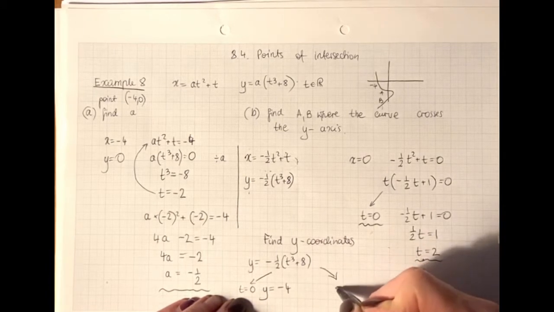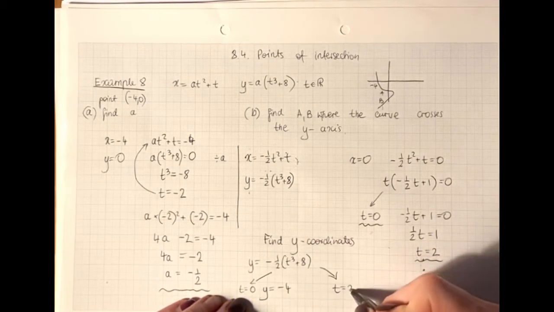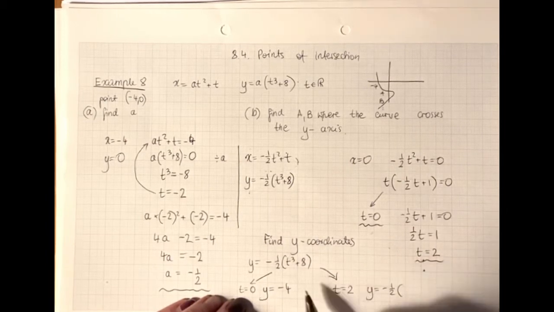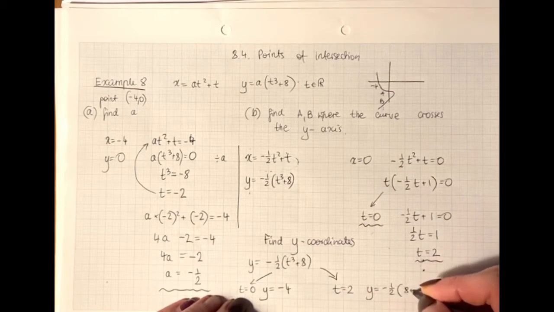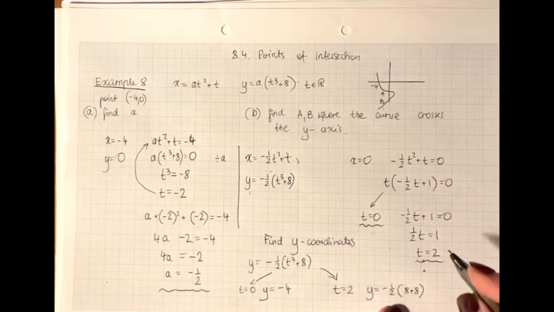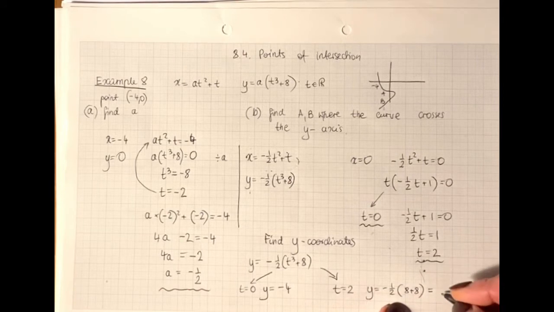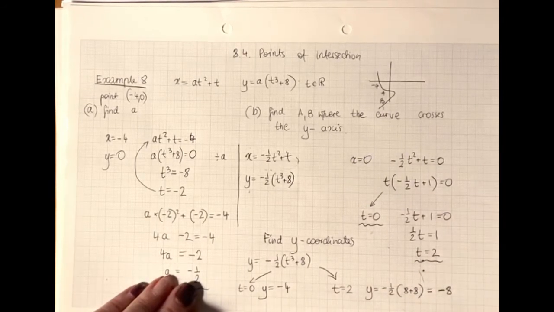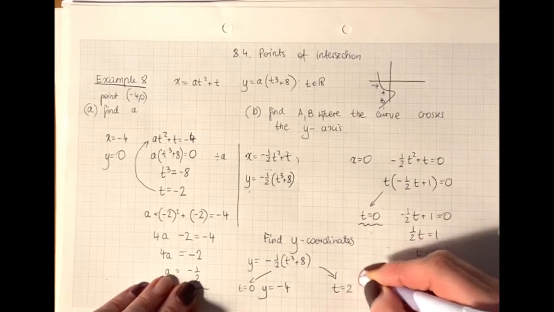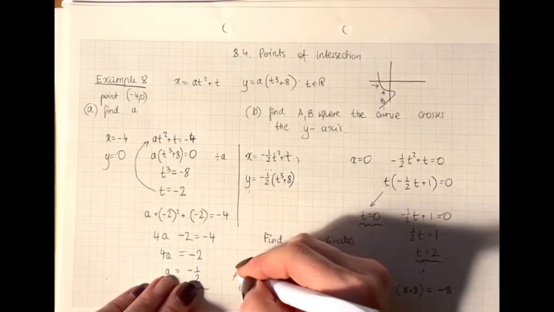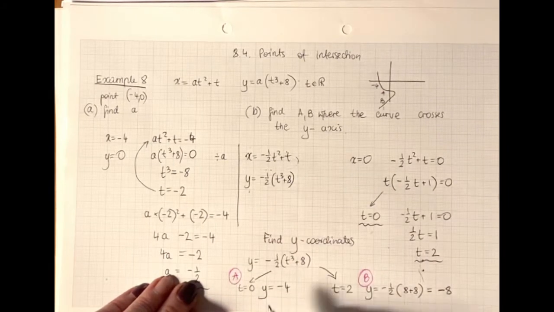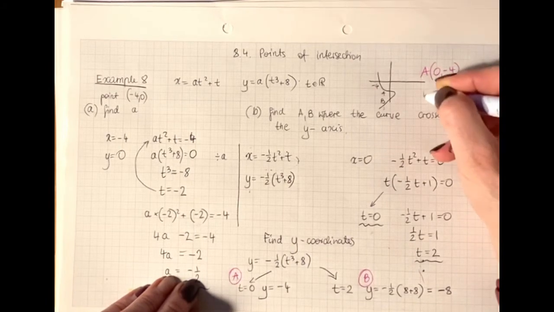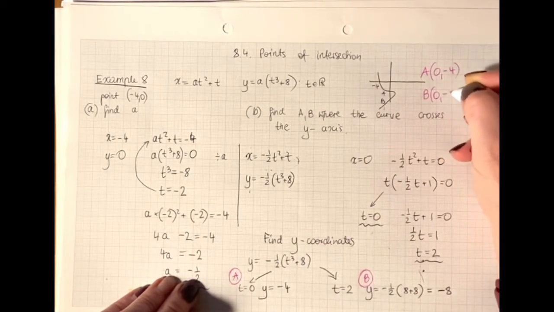And for t equal to 2, y will give me -1/2 times 2 cubed plus 8. So 8 plus 8, which is 16, divided by 2 is 8, but it's a minus, so -8. So you can see that point B has the y-coordinate -8, point A has the y-coordinate -4. So point A is (0, -4), point B is (0, -8).